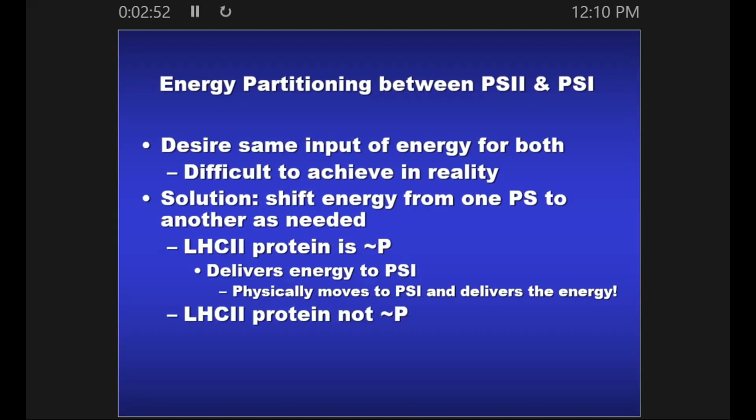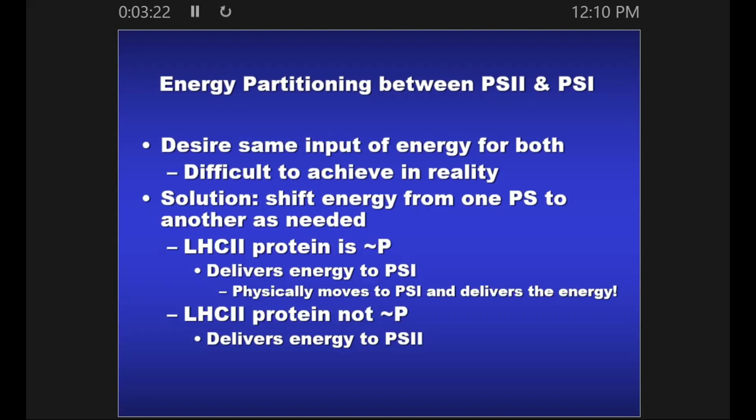If you take that LHC2 experimentally, when they make sure that it's not phosphorylated, what happens is that it will keep giving its energy that it's gathering from the sun to photosystem 2. So it's actually able to move and deliver energy where needed, just on this very basic idea of whether or not it's phosphorylated or not.